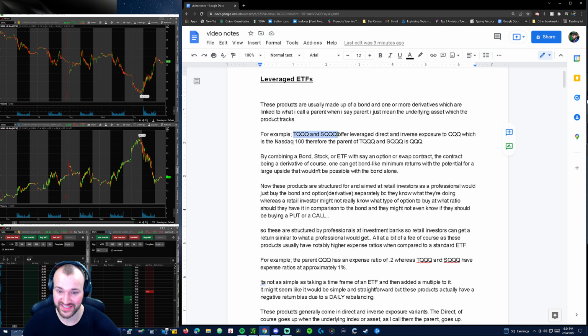So you could replace these with those two funds because these are what I traded today, specifically SOXL. But TQQ and SQQ are the same thing, but they have a different parent. Their parent or underlying asset is QQQ, and the underlying asset for QQQ is /NQ, which is the NASDAQ futures.